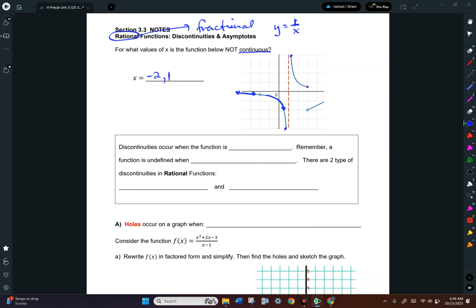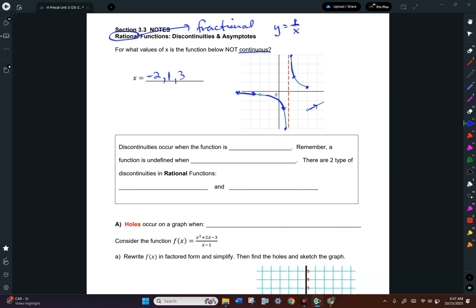Then if I keep moving to the right and I get to this point, there's a giant space in the graph before I hop down here and start moving over. So there's another break in the graph at x equals 3. We would say there are 3 places on this graph that are not continuous at those 3 x values. Not continuous, not connected, however you want to think of it.